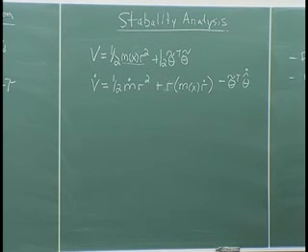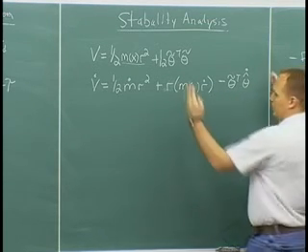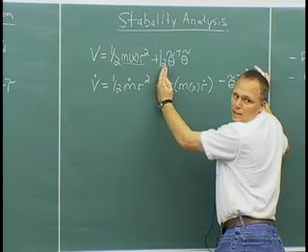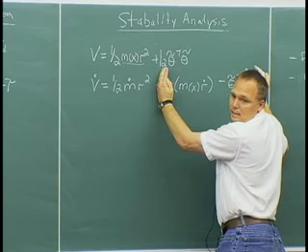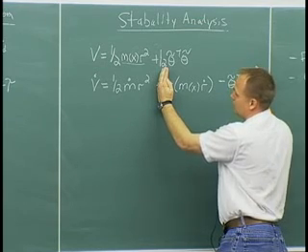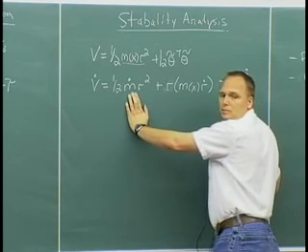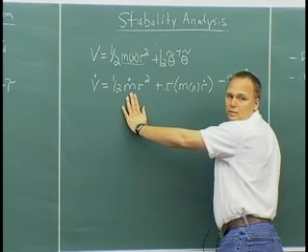This piece looks just like it did in the last class, when m was a constant. But because m's not a constant now, we've got this m dot term to take care of.